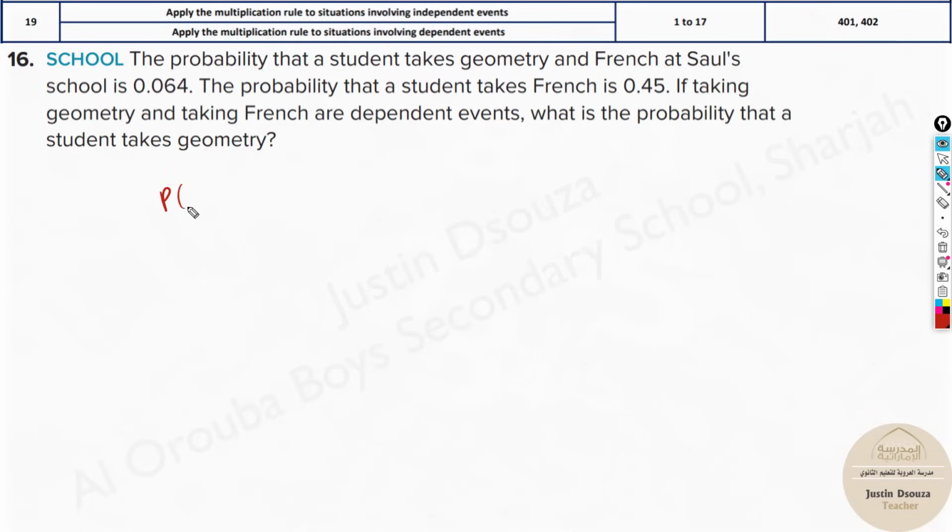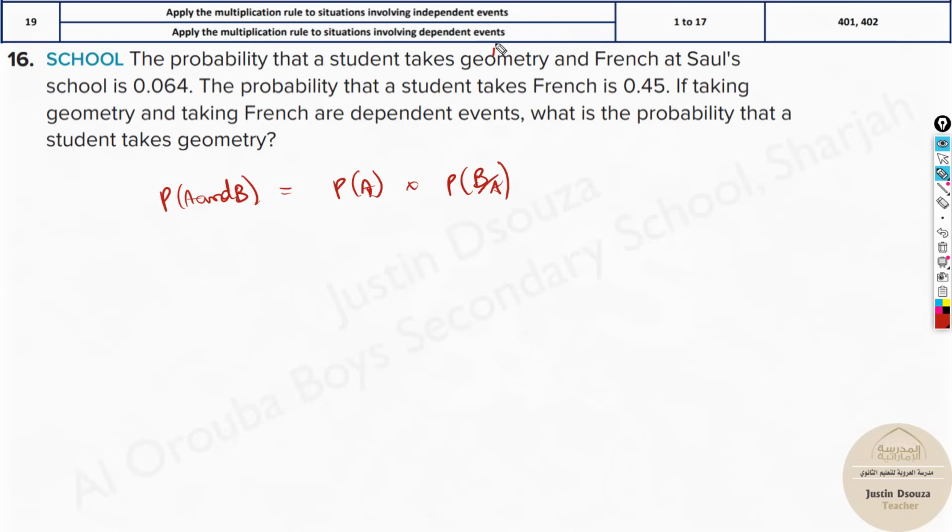P of A and B is equal to probability of A multiplied by the probability of B given A. Given that A has already occurred, this probability changes, so we don't write just P of B. If they were independent events, we would just use probability of A and probability of B, but since they are dependent, we write this formula.